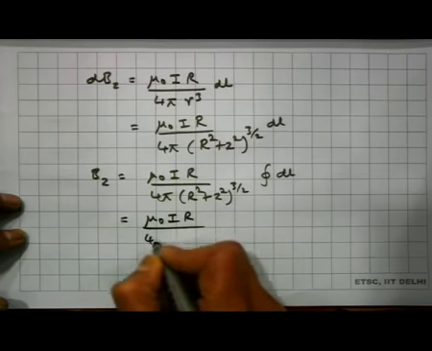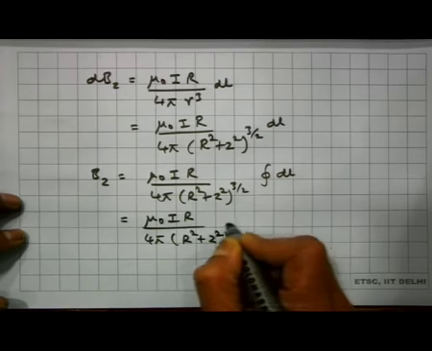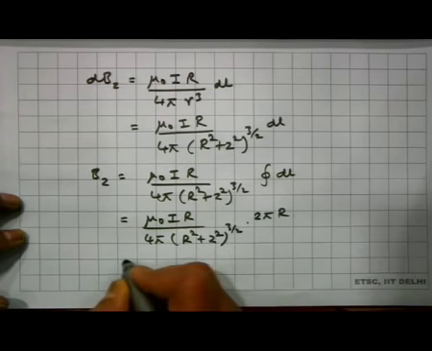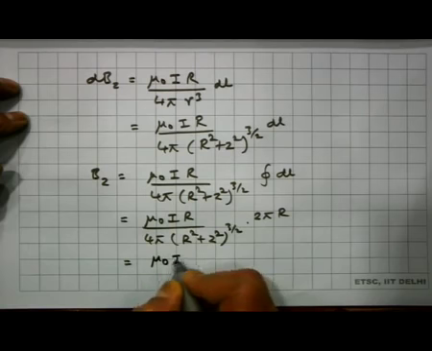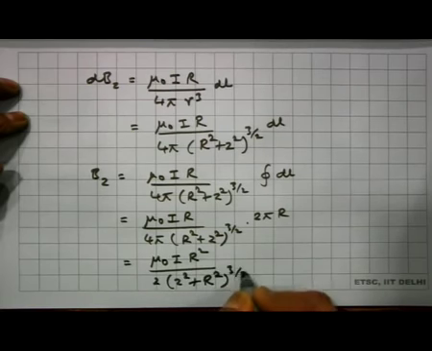So, this gives me mu naught I r square by 2 times z square plus r square to the power 3 by 2.